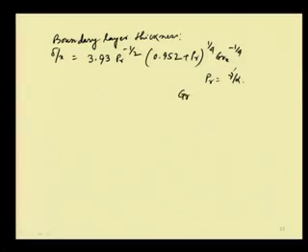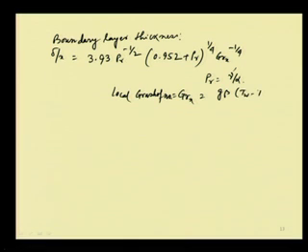The local Grashof number Grx is g beta (Tw minus T infinity) by nu square into x cubed. This we already know.